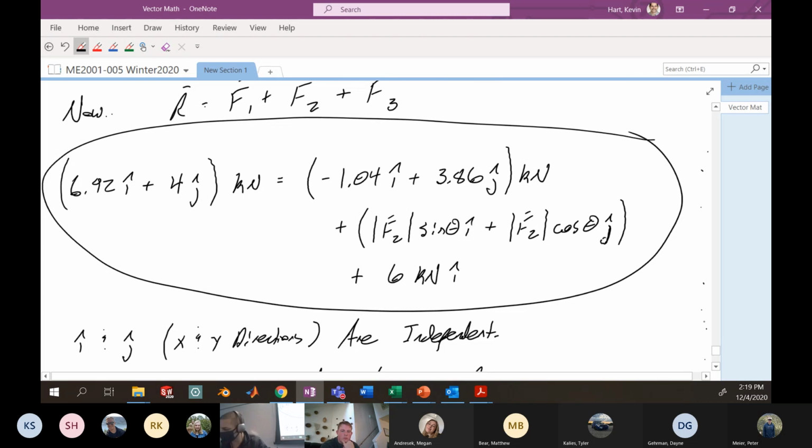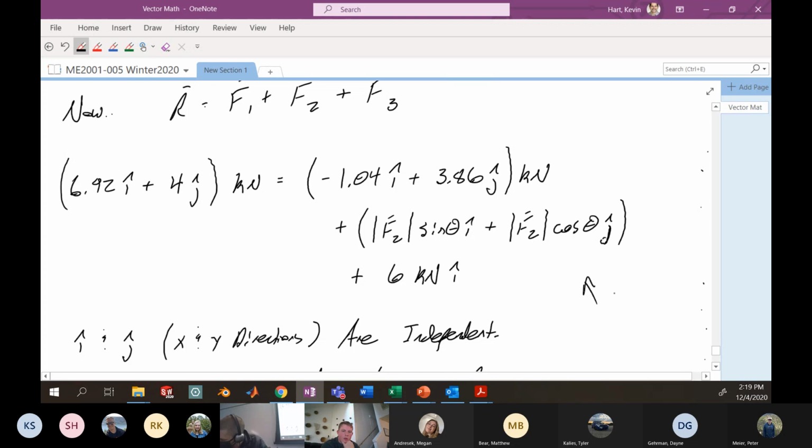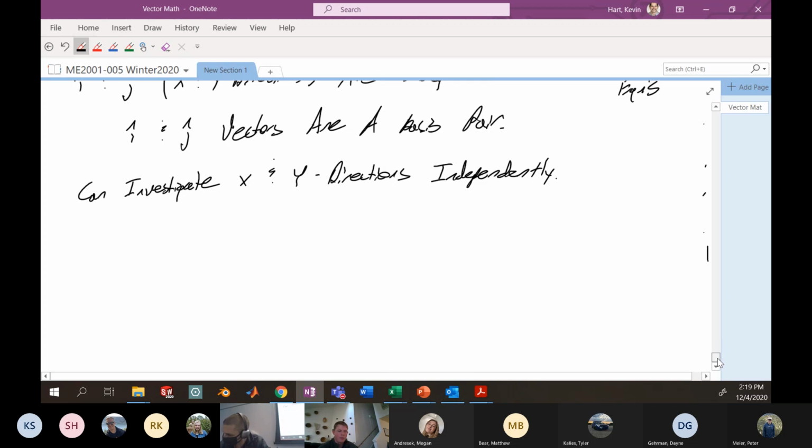So this is actually two independent equations, one in x and one in y. Let's look at what's happening in each of these directions.